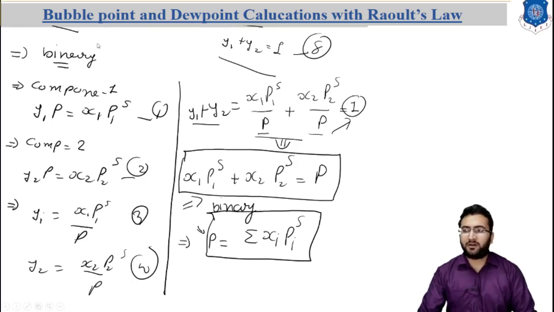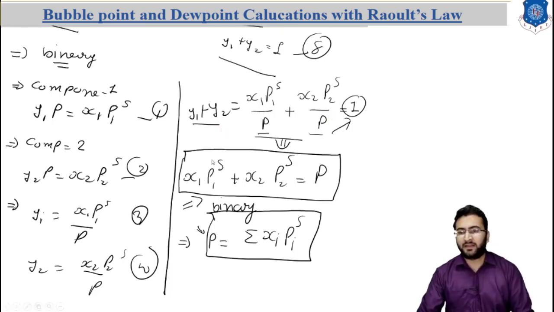Now we know that for the bubble point calculation, we have to use y1 plus y2 is equal to 1. So we have to put the values of y1 and y2 from equations 3 and 4 in equation number 5.